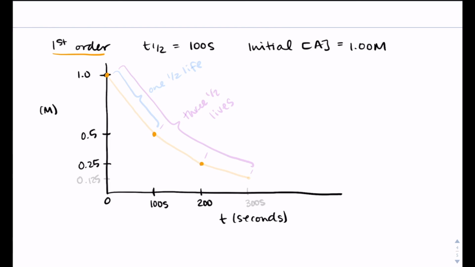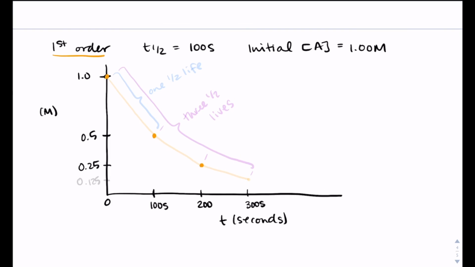So in one half-life, in the first 100 seconds, my concentration will go from 1 molar to 0.5. It will be cut in half. Now, in the next 100 seconds, I'm starting at 0.5 molar. In the next 100 seconds, my concentration will go down to 0.25 molar.